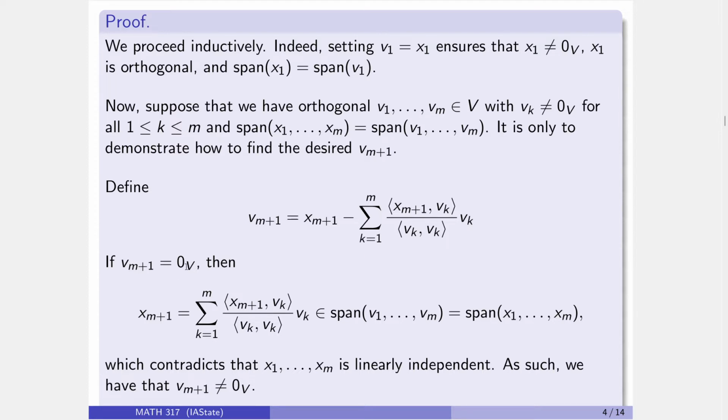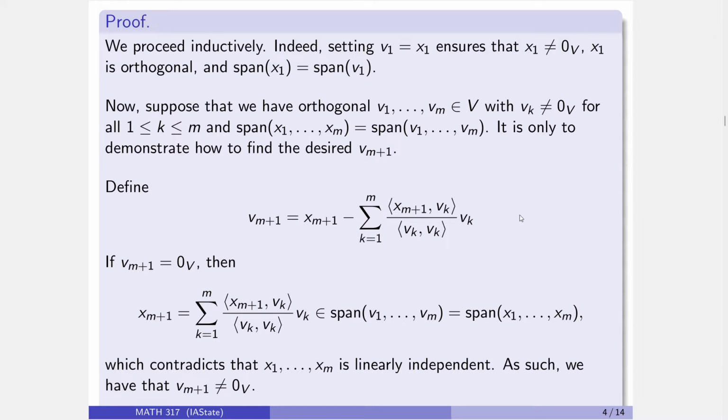Alright, first thing, let's say this was equal to 0. Well, that means x_{m+1} is this linear combo, and that lives in the span of v1 to vm, but by hypothesis, that's the same thing as the span of x1 to xm, which would mean that x_{m+1} is a linear combo of x1 to xm.